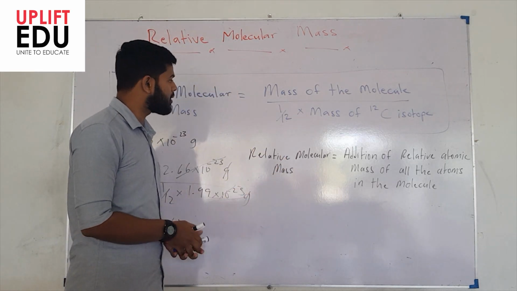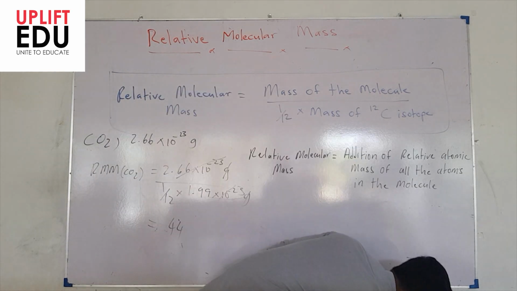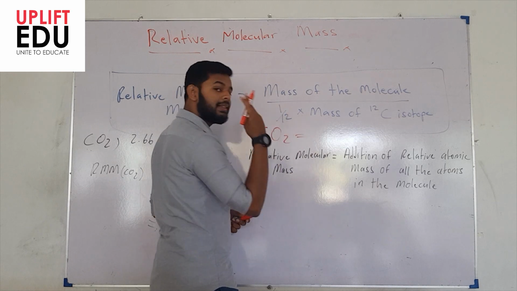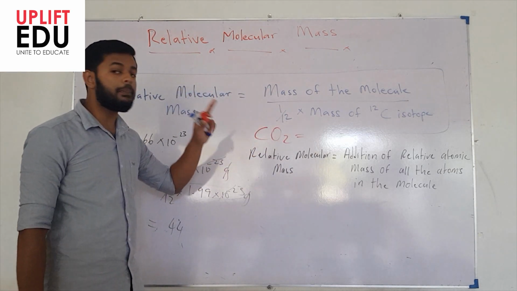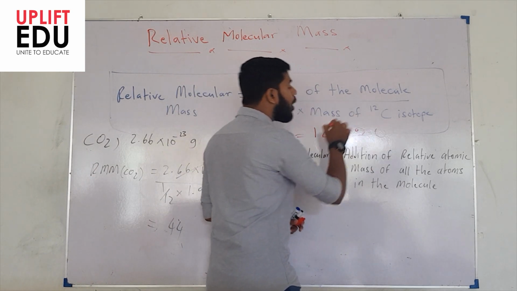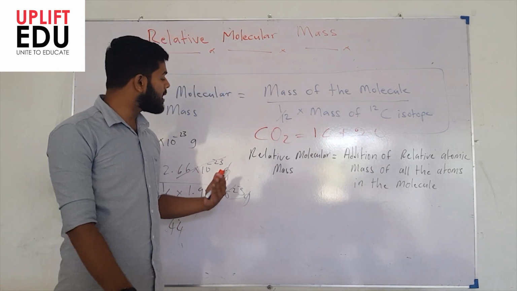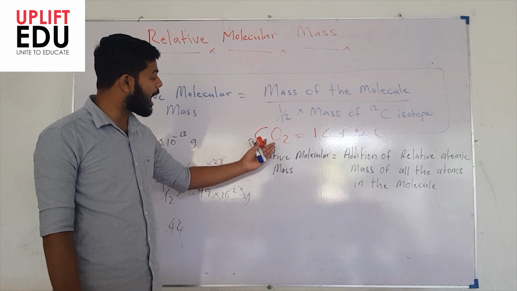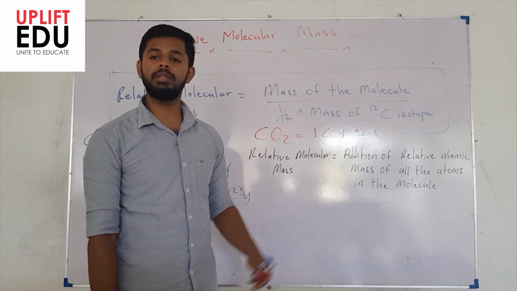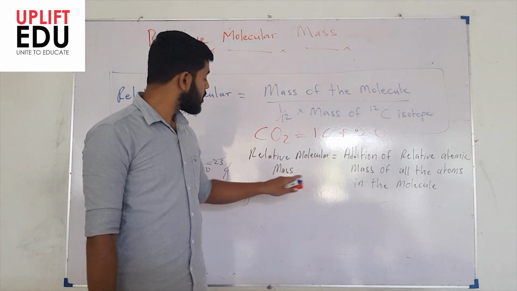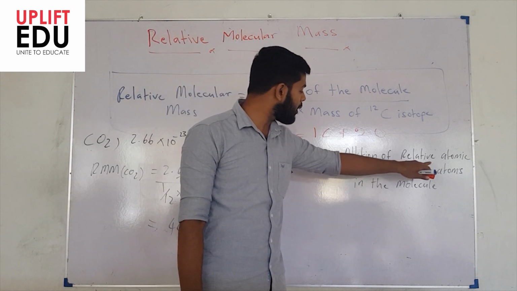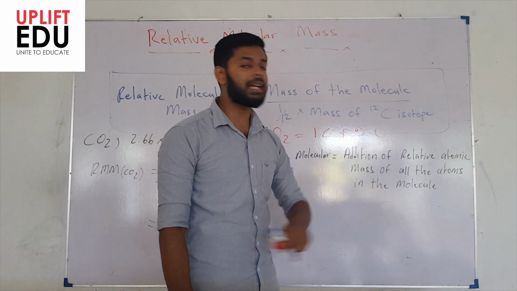Similarly, carbon dioxide is a molecule composed of 3 atoms: 1 carbon atom plus 2 oxygen atoms. So we can find the relative molecular mass of carbon dioxide by adding the relative atomic masses of all the atoms in the molecule. That is what we call relative molecular mass: the addition of the relative atomic masses of all the atoms in the molecule.